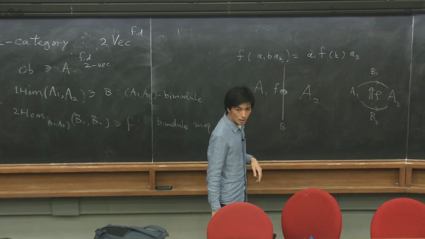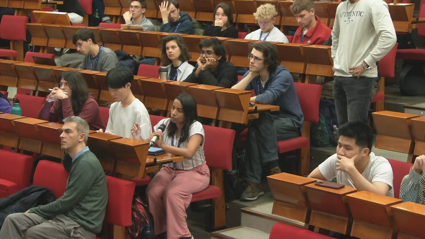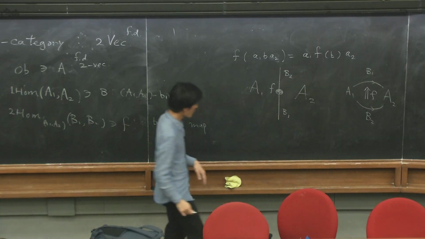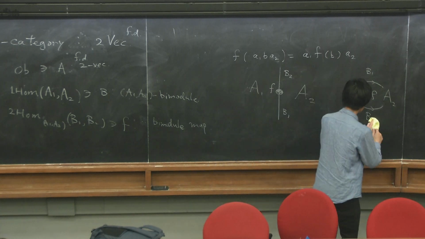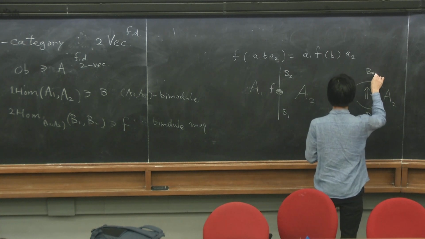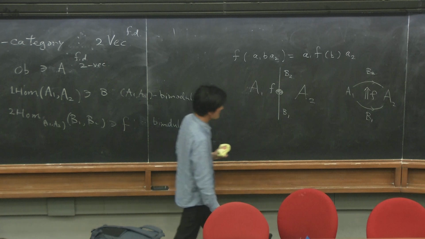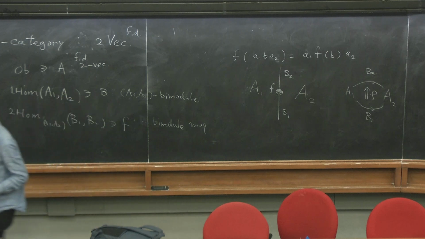So then the lower half you're calling B1, and the other half you're calling B2? Yeah, I should have written that. B1 and B2. Thanks. Then I should flip this.